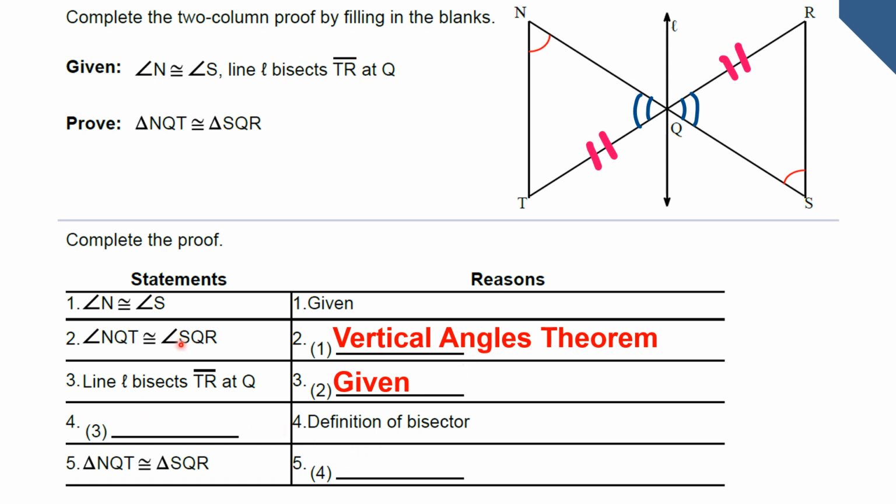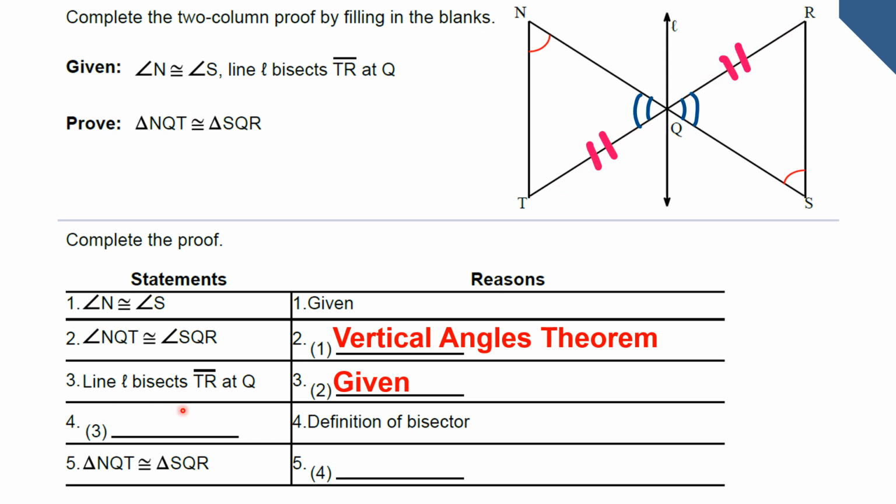Okay, so the statement is missing. The reason says definition of bisector. Do y'all remember when I told you about the bisector? That's where we mark those congruent sides, because a bisector splits the line segment TR in half. So by the definition of a bisector, those two pieces are congruent.